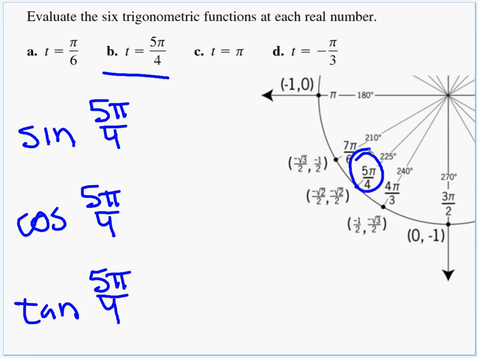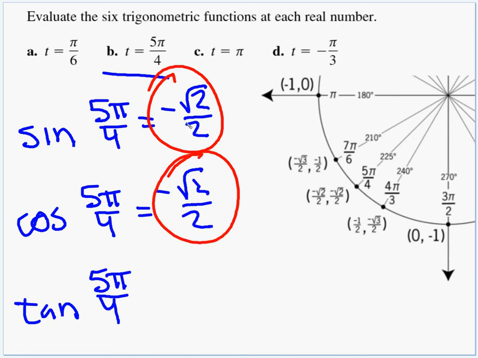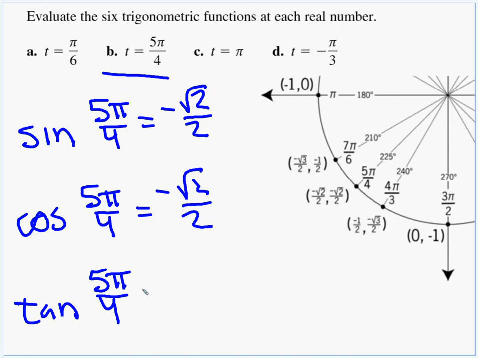So our sine value is negative root 2 over 2. Our cos value is the x-coordinate, also a negative root 2 over 2. And then tangent is sine divided by cos. So we're dividing something by itself, and that's going to turn into a positive 1.